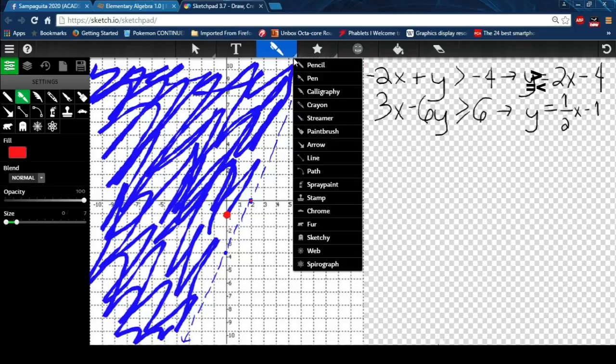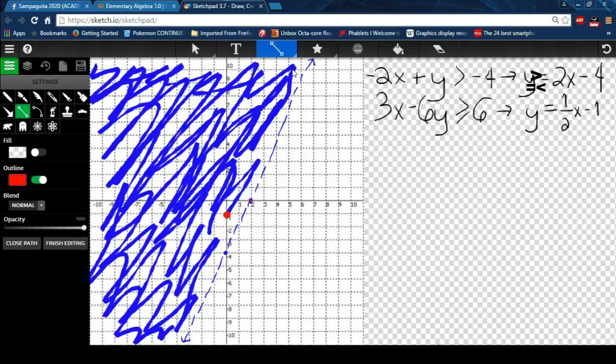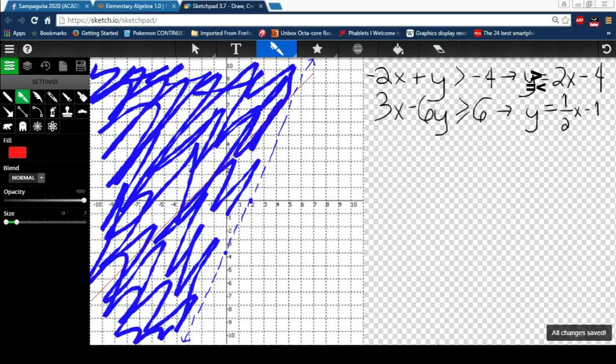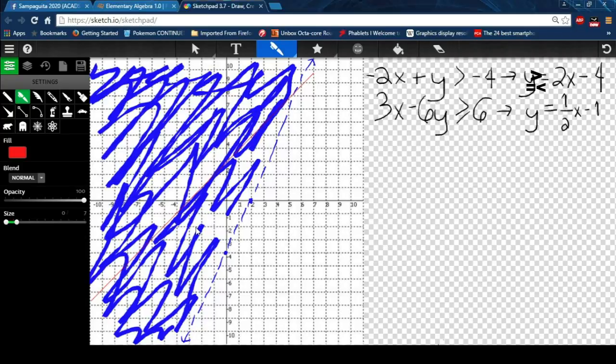For the second inequality, we will use a solid boundary defined by y equals 1/2 x minus 1 and shade all the points below it. So the y-intercept is negative 1, and since the slope is 1/2, rise over run, it has the same x-intercept as the first inequality.